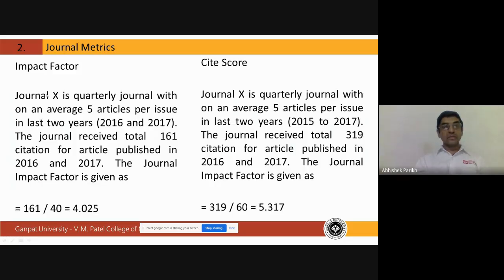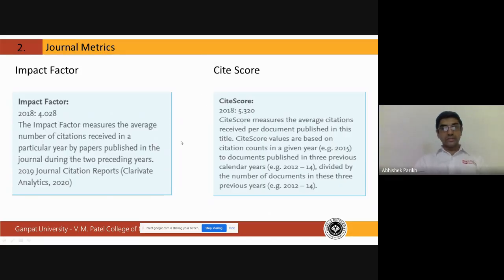So the only difference between the impact factor and CiteScore is that impact factor is for the 2 preceding years, and CiteScore is for the 3 years. Right? So it is clearly written in the definition on this PPT: published in the journal during the 2 preceding years, or 3 previous calendar years. So that's the basic difference.